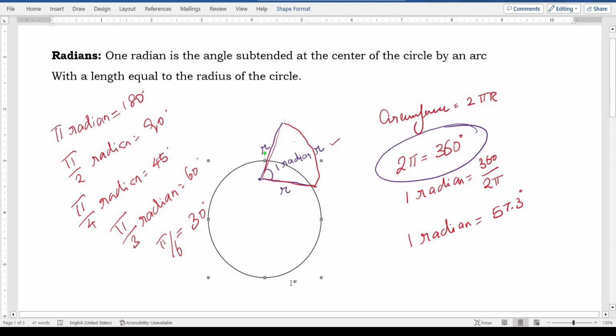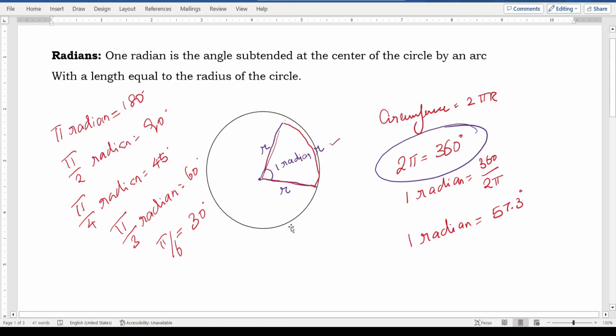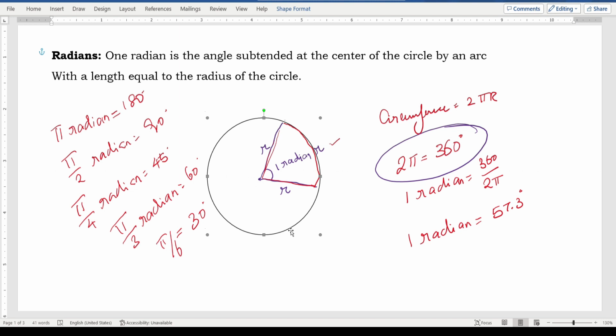Then the angle between the two ends of the arc meeting at the center is called 1 radian. So 1 radian is the angle subtended at the center of the circle by an arc with a length equal to the radius. It is a measure of this angle, and the angle is called 1 radian.